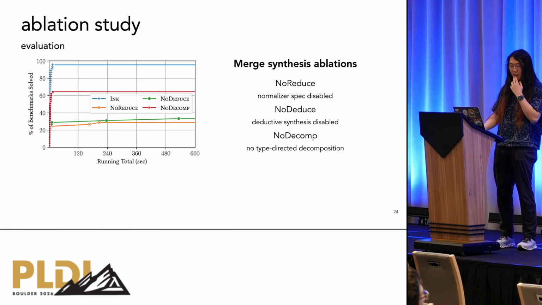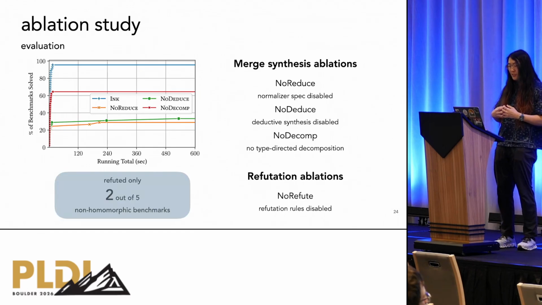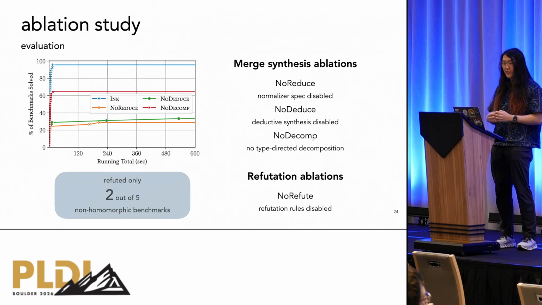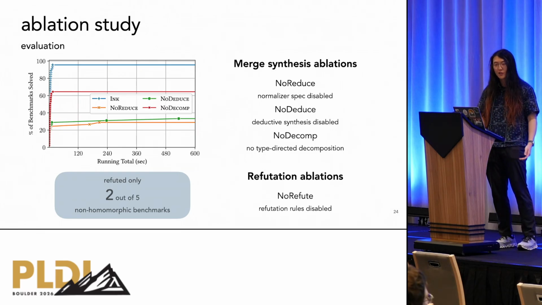And the evaluation result says that all of them are key to the success of our tool, incr. For refutation, we turn off all of the refutation rules, and we just rely on the CVC5 SyGuS solver to report the problem is infeasible. But that one can only refute 2 out of 5 non-homomorphic benchmarks.